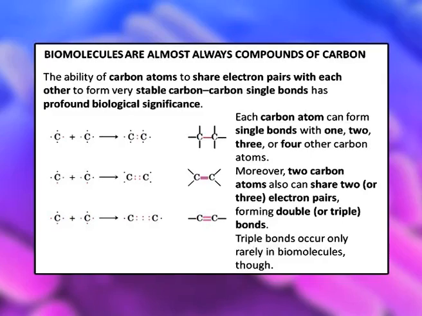The critical point is that carbon atoms have the ability to share electron pairs, that is, form bonds with each other to form very stable carbon-carbon single bonds, and this has profound biological significance. Each carbon atom can form single bond with 1, 2, 3 or 4 other carbon atoms. Moreover, 2 carbon atoms can also share 2 or 3 pairs of electrons to form double bond and triple bond. Double bond is quite common, but triple bond is relatively rare in biological systems.